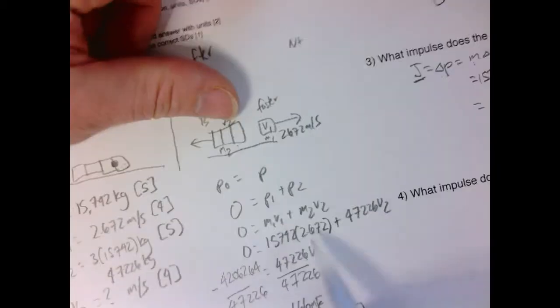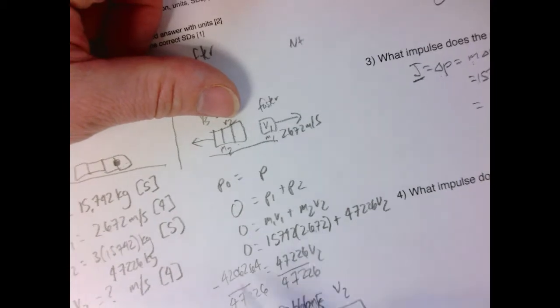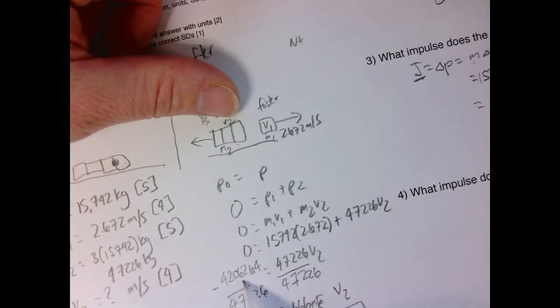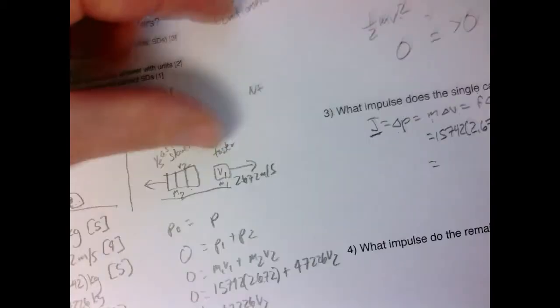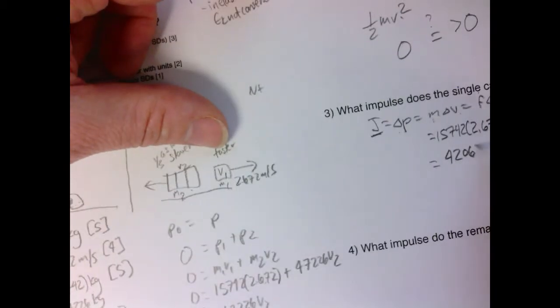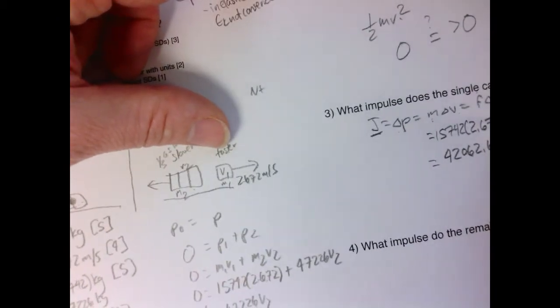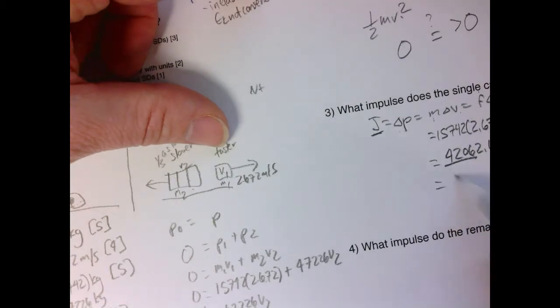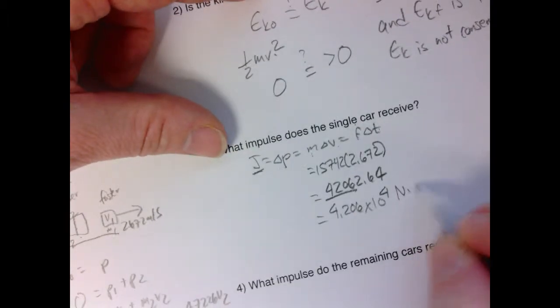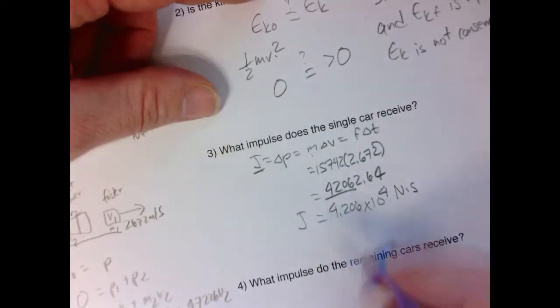And we actually did this math here, which is 42,062.64. With 4 significant digits, that's going to be 4.206 times 10 to the 4th newton seconds, and that will be the impulse.